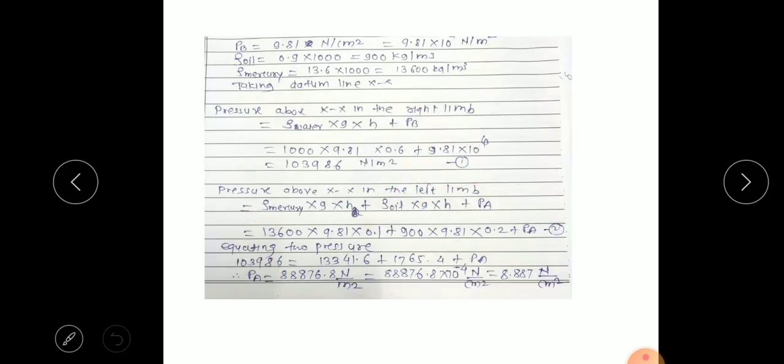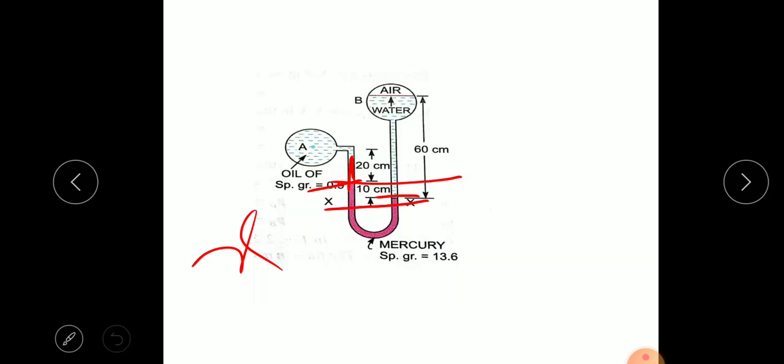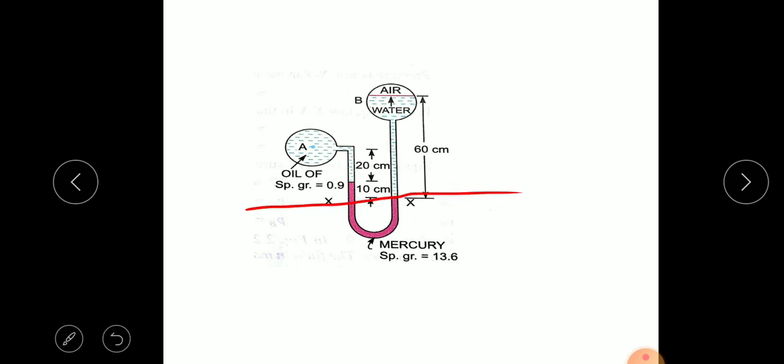So again using the same equation we can write. On the left side, if you take the datum line XX, the mercury is present 10 centimeter and the fluid column height is 20 centimeter.